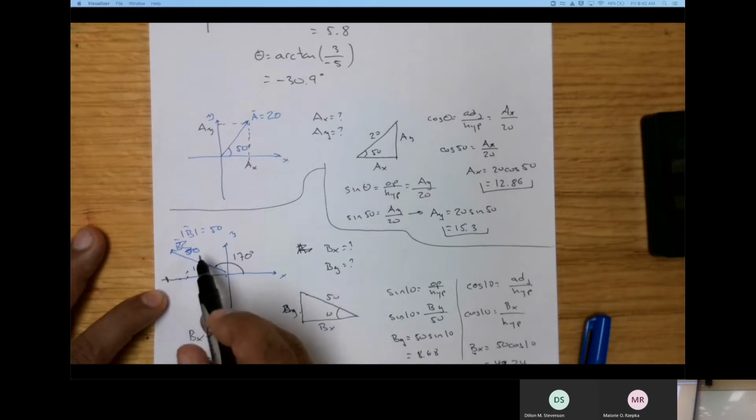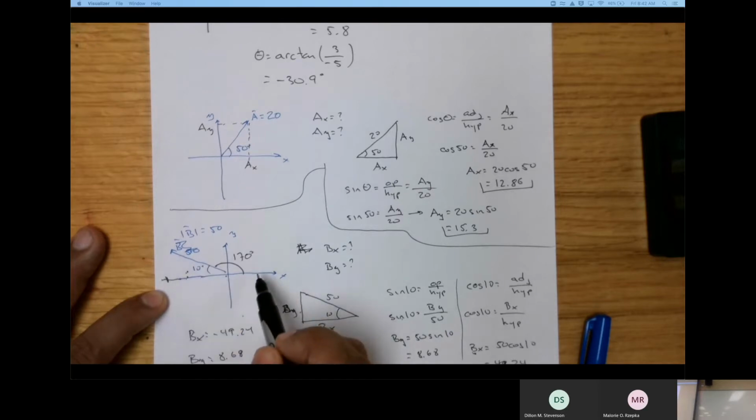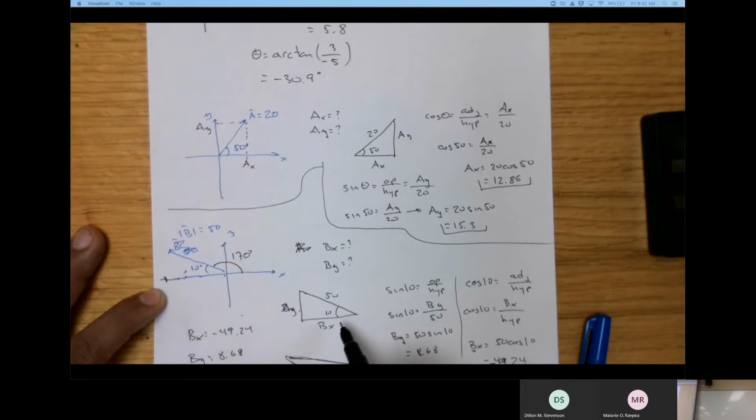You are working with a really weird triangle. So it's easier to work with right triangles. If you want to work with this, you will need the cosine law, which is a little more complicated. So it's easier just to remember the right triangle and then just adapt the sign that you need to work with.